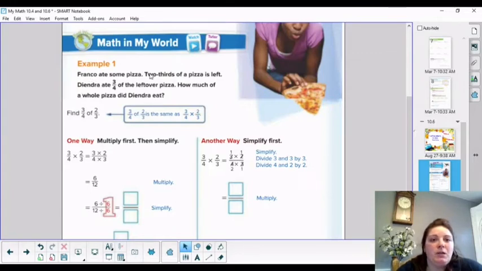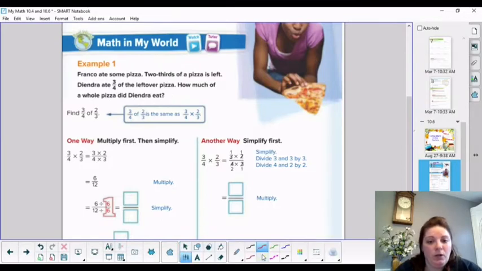Franco ate some pizza. 2/3 of a pizza is left. Deandra ate 3/4 of the leftover pizza. How much of a whole pizza did Deandra eat? So, first off, I notice 2/3 is written in word form. That might confuse some people, so you might want to write it as a fraction, 2/3.